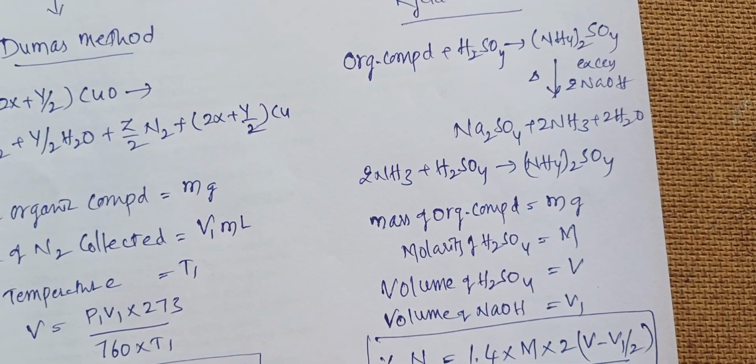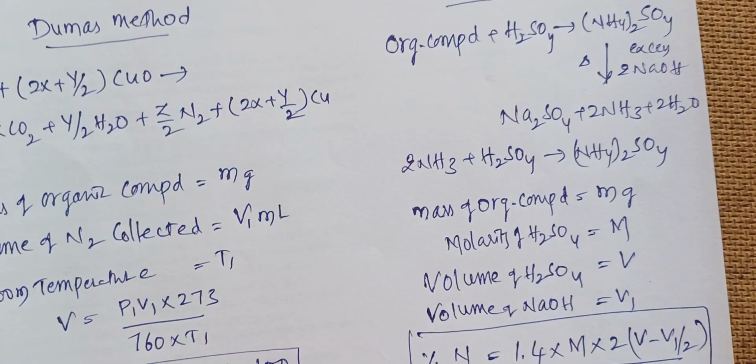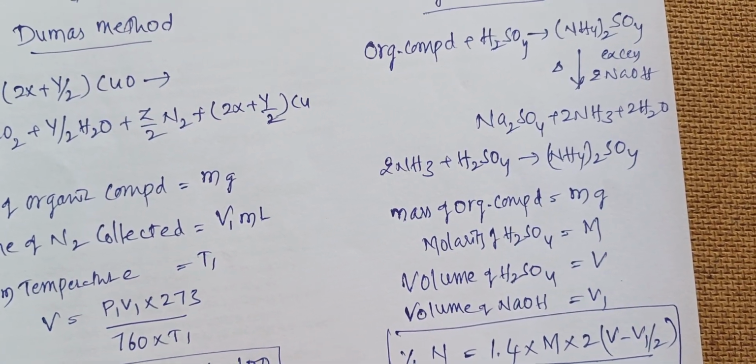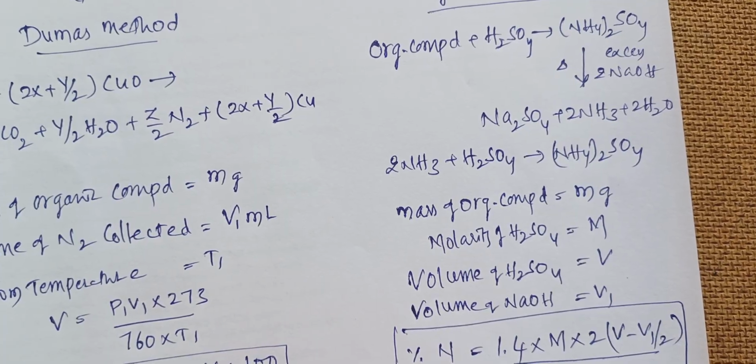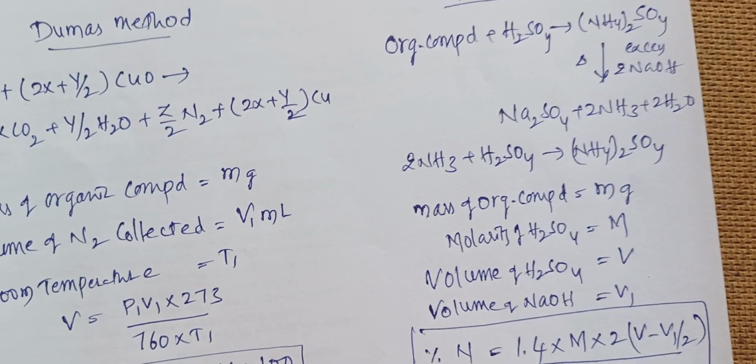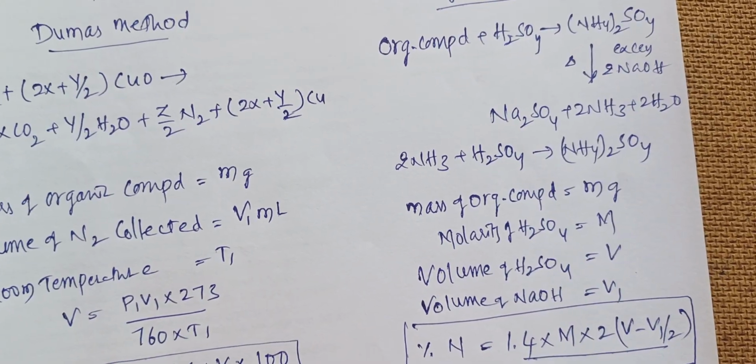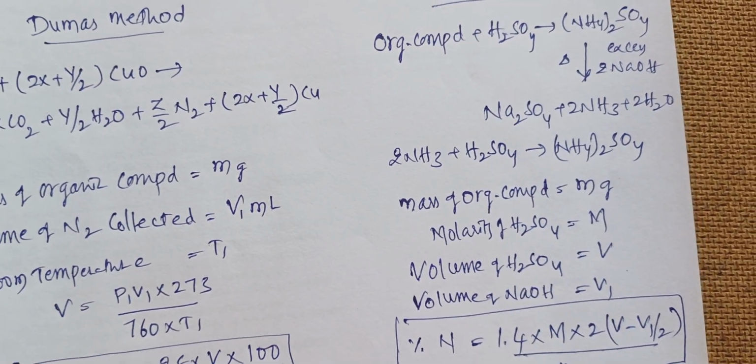Here the mass of the compound is the same, m grams, but we take the molarity of H2SO4 as capital M, and the volume of H2SO4 is V, whereas the volume of NaOH is V1.